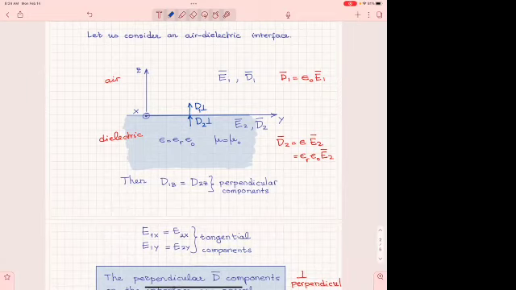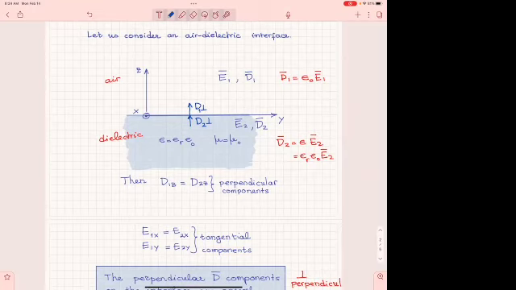If they are continuous, they have to be equal at the interface. If those are equal, what happens to the perpendicular electric field? Is it also continuous through the interface or not?